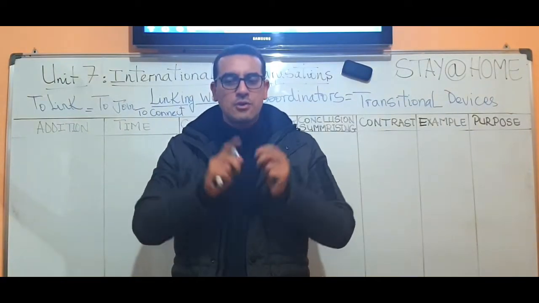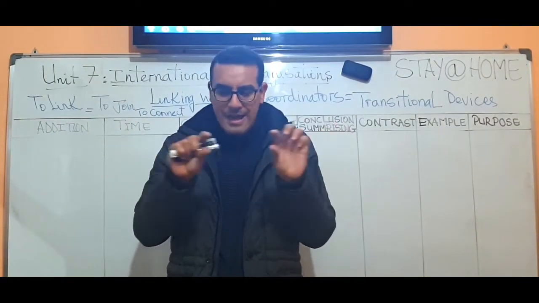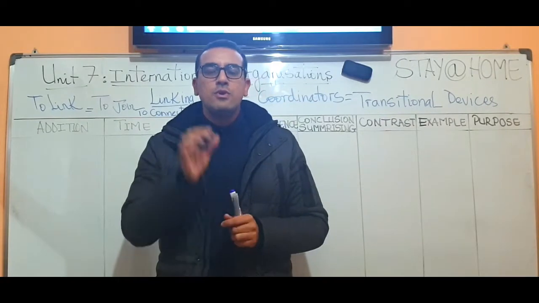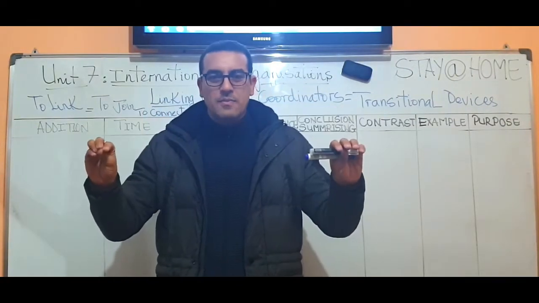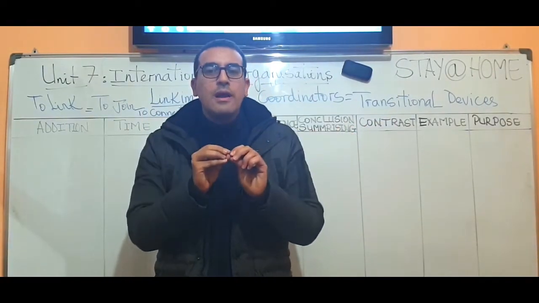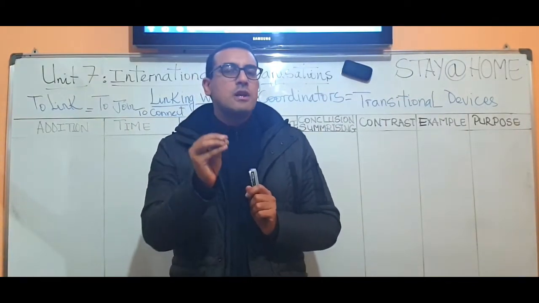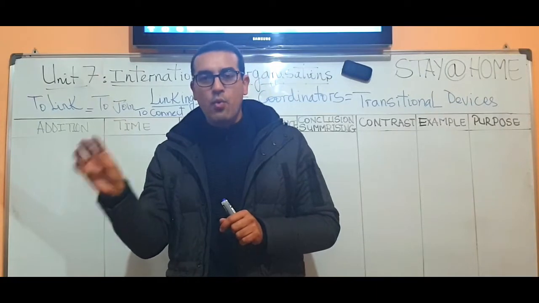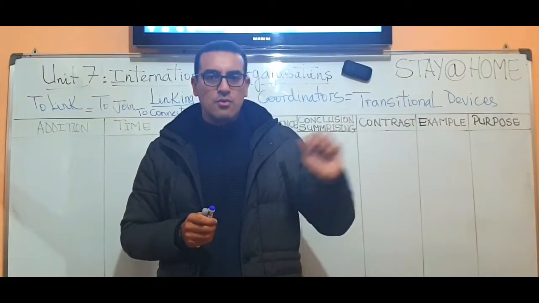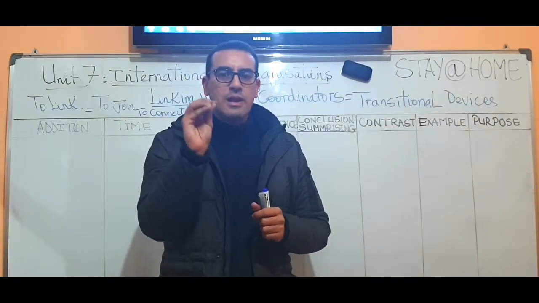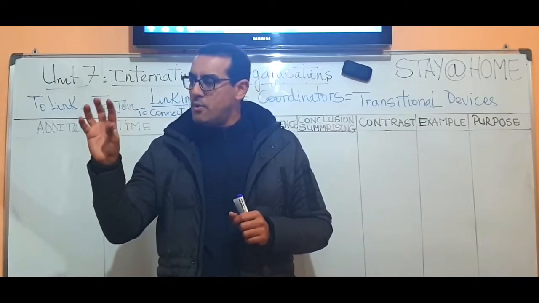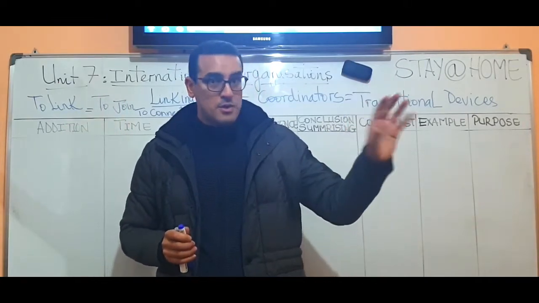So there is one condition. If we want to link two sentences, we should always consider the logical relationship. What do we mean by the logical relationship? The logical relationship between sentence number 1 and sentence number 2, or between clause number 1 and clause number 2.